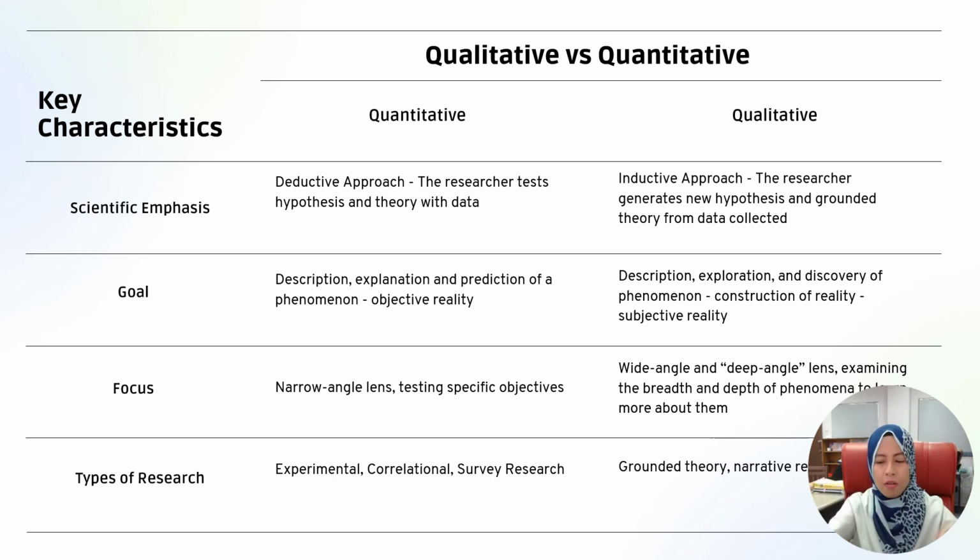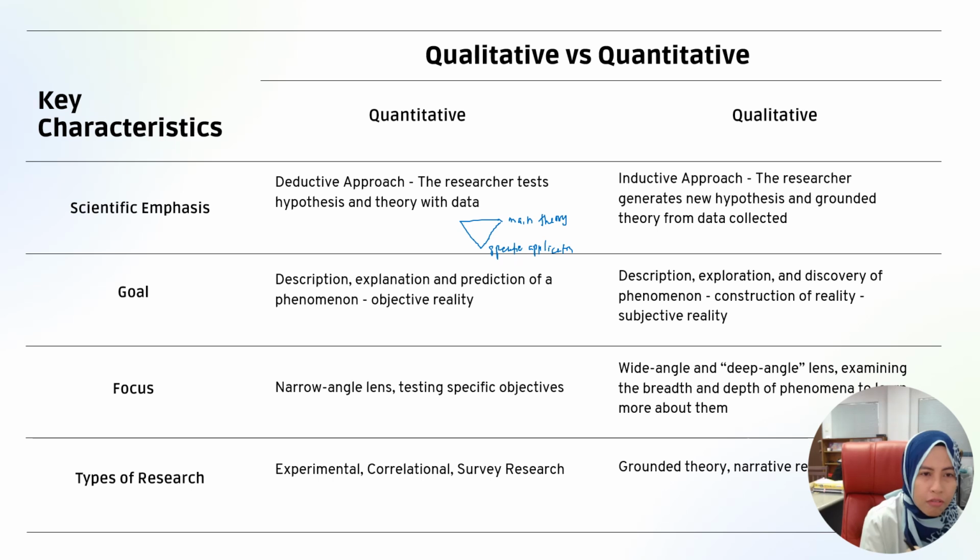If I may draw, it will be like inverted triangle. That's deductive. So from the main theory into specific application. That is normally how deductive approach and also quantitative being done.